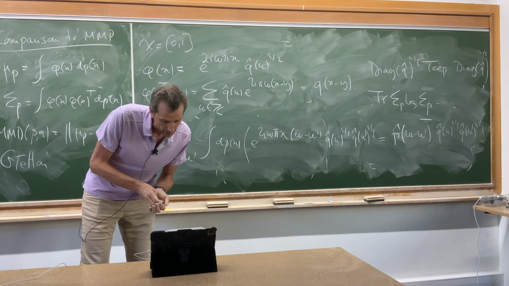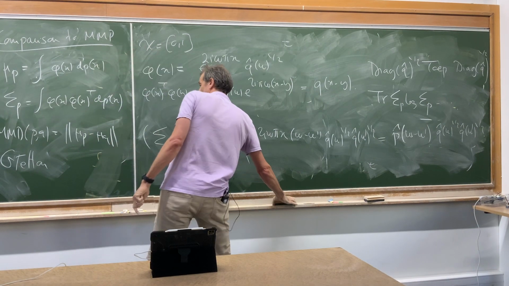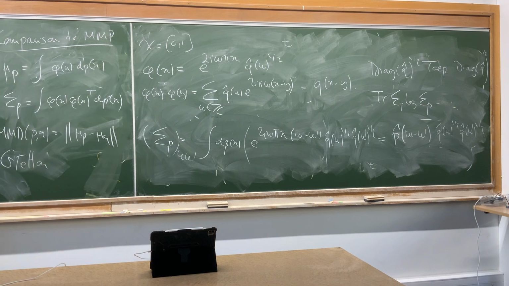In fact, let's do it now. The key here is that d sigma p sigma q is less than dpq. All right, so almost done.